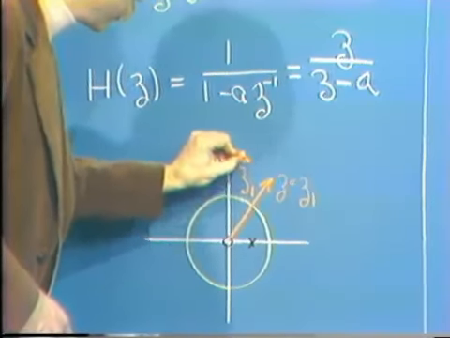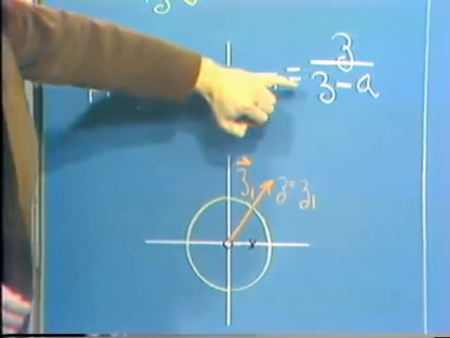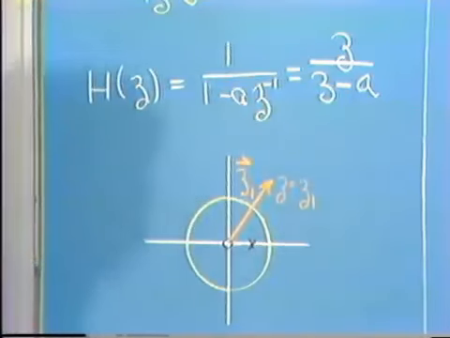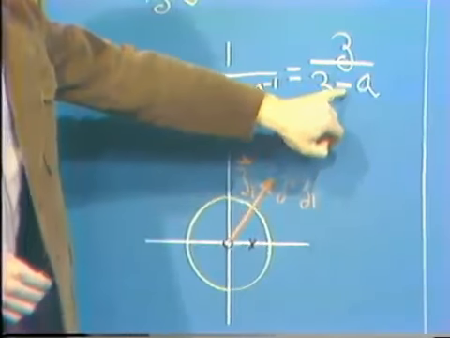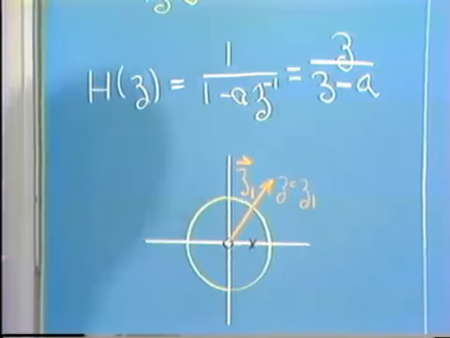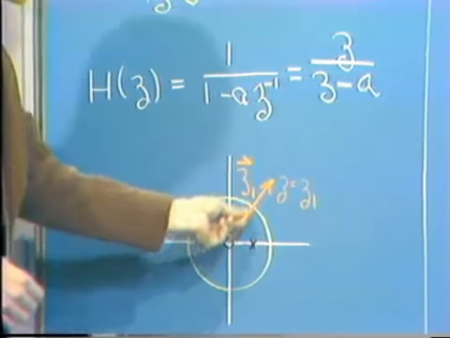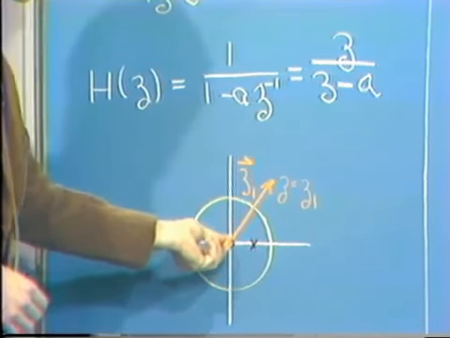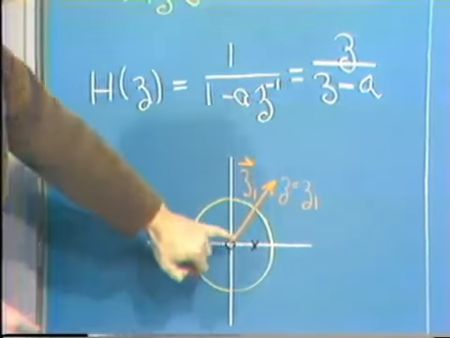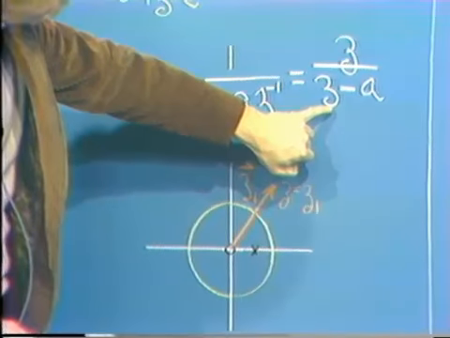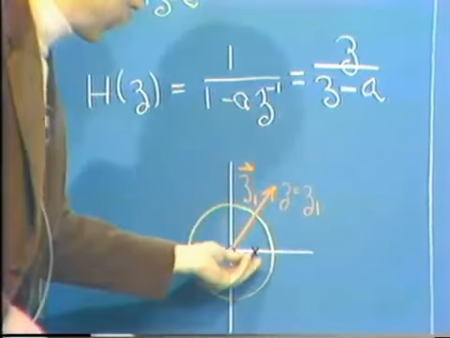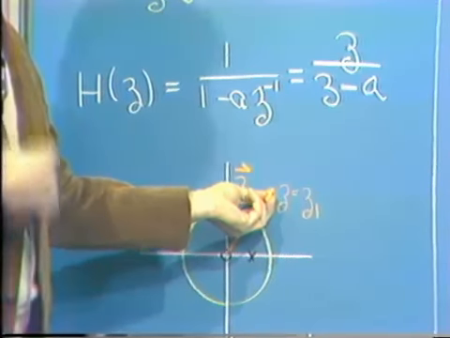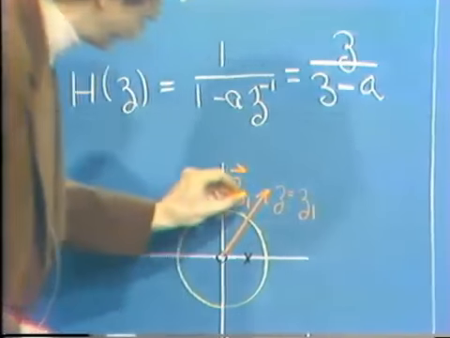The vector corresponding to the complex number z minus a is the vector z1 minus the vector a. The vector z1 is this vector. The vector minus a is this vector. And the sum of those two, the vector that corresponds to the complex number z minus a, is the vector whose tail is at this pole and whose head is at the value of z at which we want to evaluate h of z.